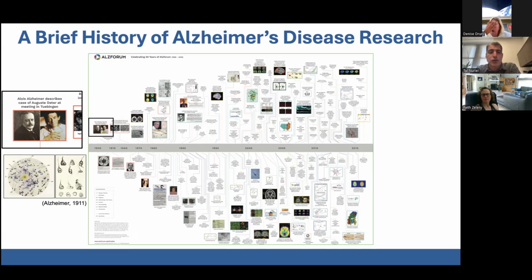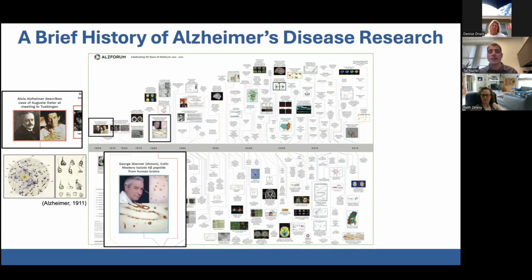These are his original drawings: plaque pathologies and tangle pathologies, is how he described it.